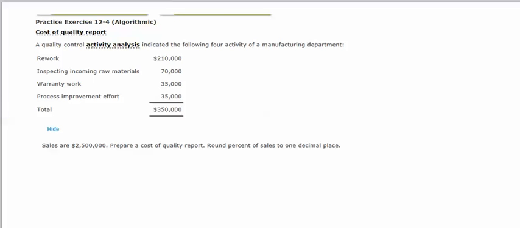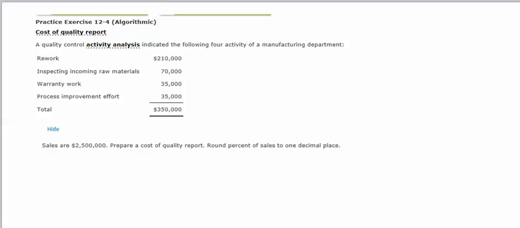This particular exercise is a quality control analysis, activity analysis, and we're supposed to indicate the following 4 activities of a manufacturing department: rework, 210,000; inspecting incoming raw materials, 70,000; warranty work for 35,000; process improvement effort, 35,000, for a total of 350,000.